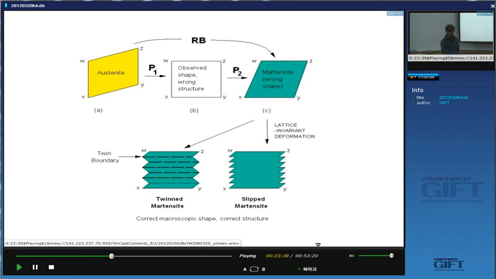Okay? So this is the complete solution because even if these planes are rational planes, okay, like 111 or 101, the average plane here is not. It's a combination of rational planes, and the average plane will be determined by how much slip or twinning I need to correct the shape.